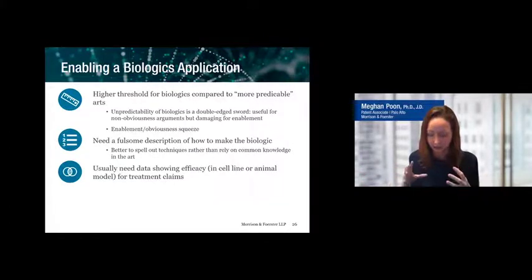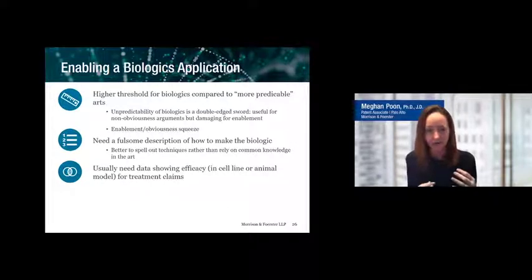So when you're prosecuting and trying to get your patent from the USPTO, you need to be very careful about the types of arguments that you make, because if you argue too much that this application is enabled because, of course, one of ordinary skill in the art knew how to do this when the application was filed, then the examiner can come back and say, okay, well, then tell me why your invention's not obvious. So it's a fine line to walk.